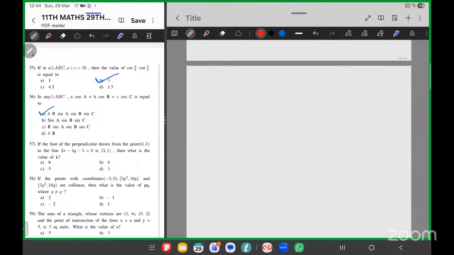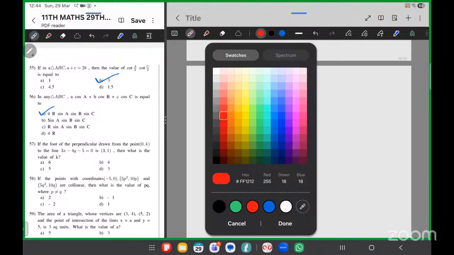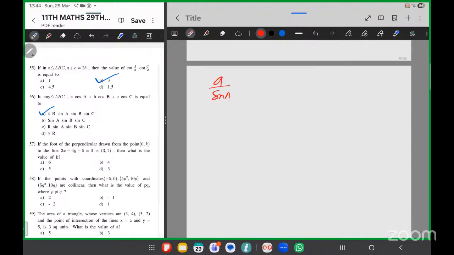4 into capital R, the circumradius, into sin A, sin B, sin C. Because we know the sine rule: a by sin A equals b by sin B equals c by sin C equals 2R. This is the sine rule.